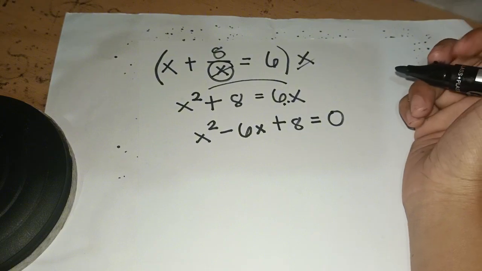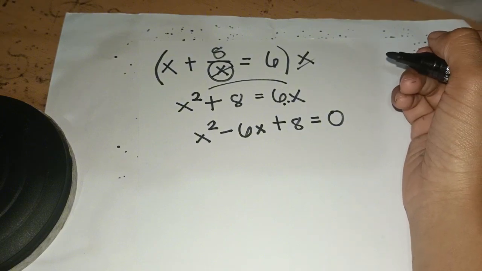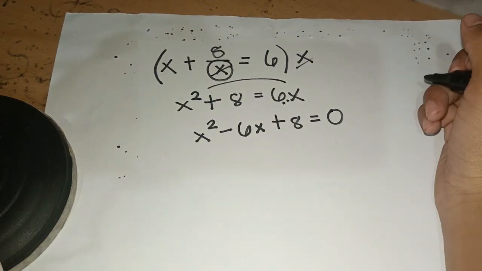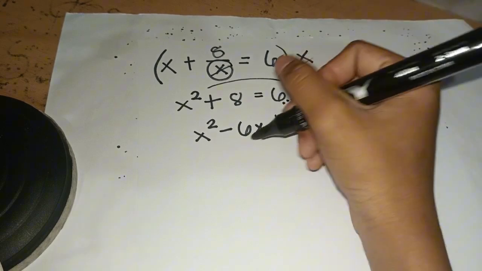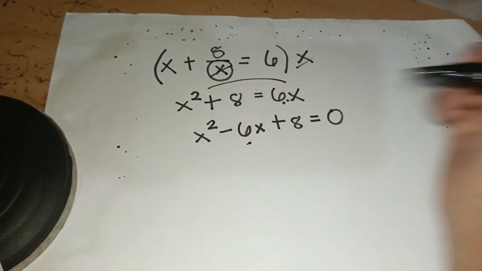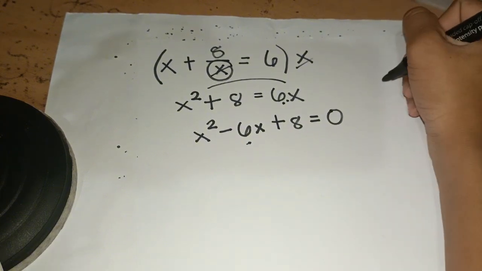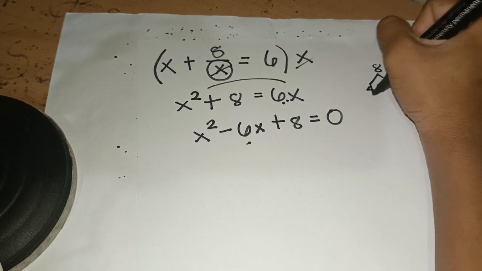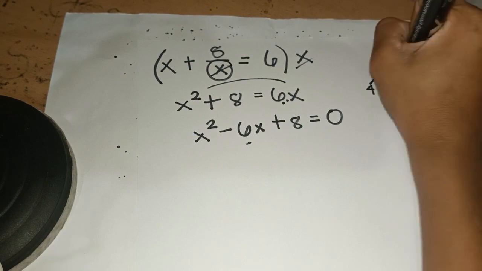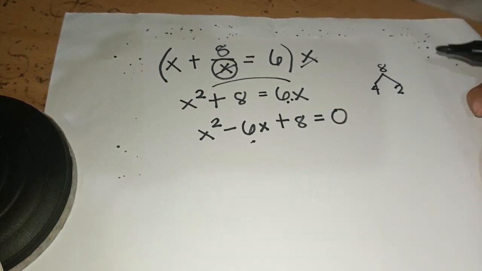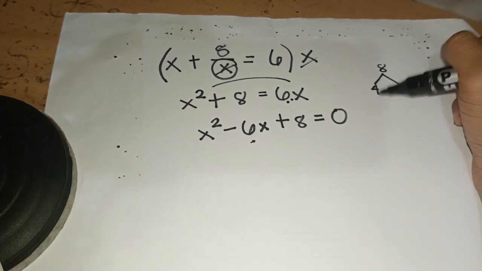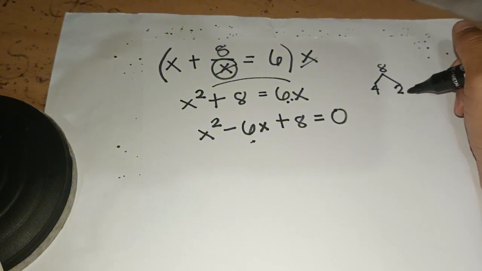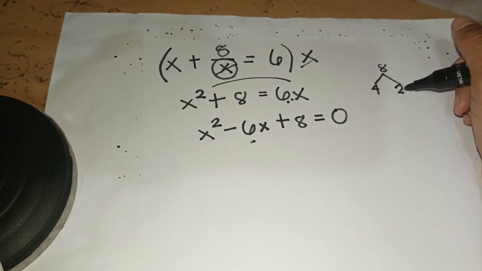To solve for x, let's factor the expression. What two numbers multiply to 8 but add to the middle coefficient, 6? So we have 8, 4, and 2. Well, we know that 4 times 2 is 8, but 4 plus 2 is positive 6.